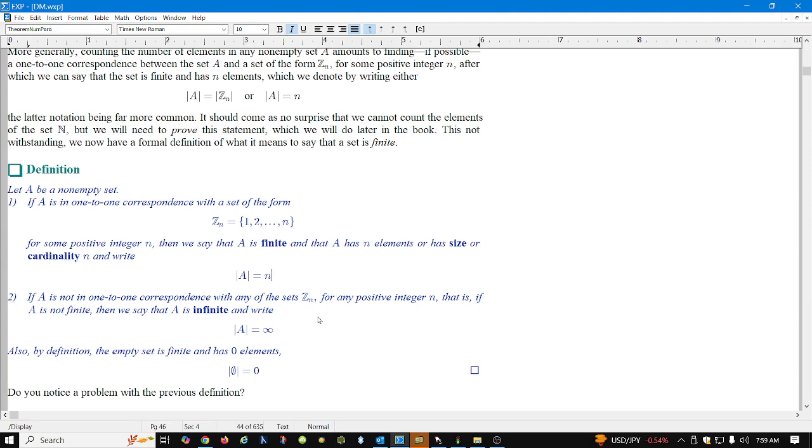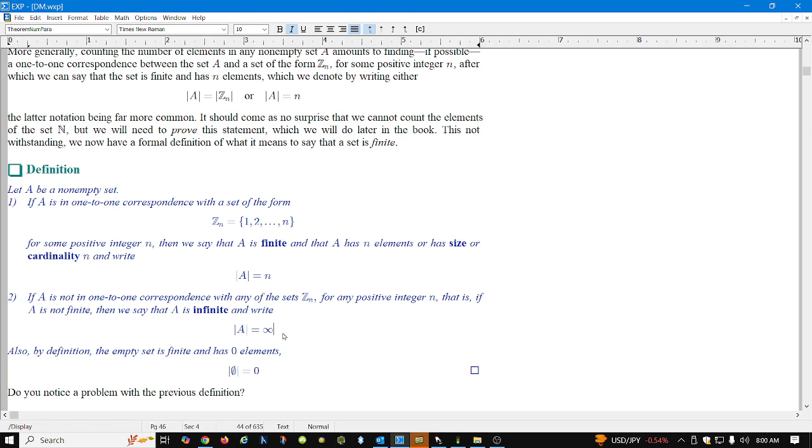If A is not in one-to-one correspondence with any of these sets, or put another way, if A is not finite, then we say it's infinite, and we can write this. Now we're going to refine this considerably. This just simply says there's no one-to-one correspondence between A and a set Zn for any n.